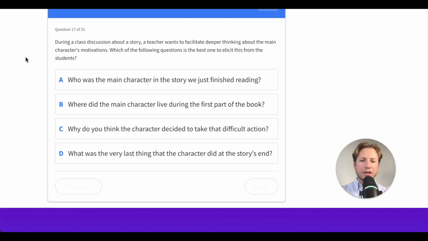All right, answer option C looks best to me. Is that what you chose as well? Why do you think the character decided to take that difficult action? So the why questions help prompt students to make inferences and analyze a character's internal reasoning, which is a deeper level of thinking. So these are going to be the types of questions that we're going to want to ask.